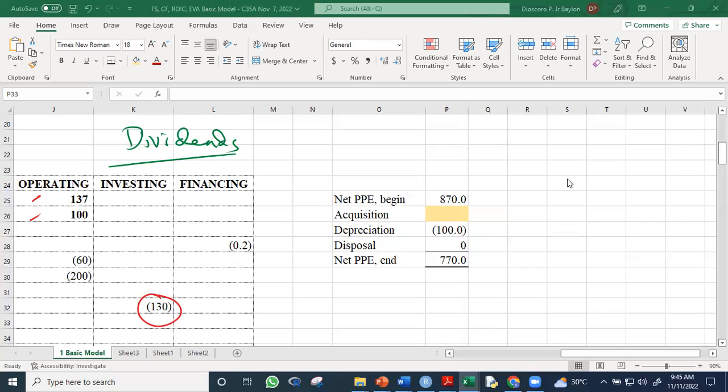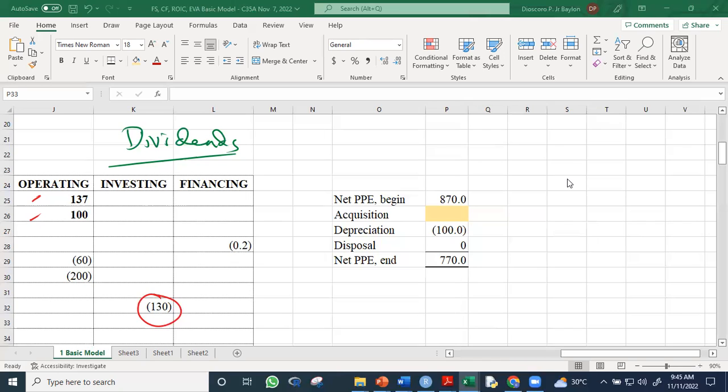Here in this computation, what did we do? We are trying to see the movement of your net PPE. In the beginning, it was 870. And then what changes do we have in the net PPE? Acquisition, which is what was bought by the company. Then we have depreciation and disposal, which are reductions in net PPE.